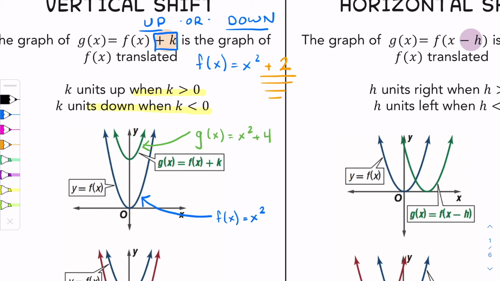And that's telling us that this parent graph shifted up 4 units. And when I say parent graph, this is the parent graph, which is the same as this right here. So parent graph plus 4 means up 4 units.